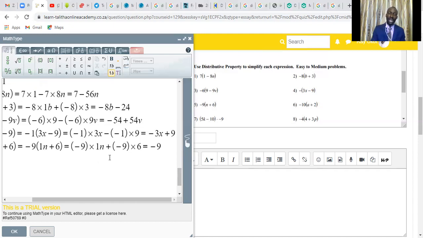Then we would like to add this onto -9 times 6. What do we get for that? Well, when we multiply -9 times 6, what we get is 54. And so we write it here. But this time, the sign between will be minus. Why is that so? Because when you multiply a positive number by a negative number, the result will be a negative number.